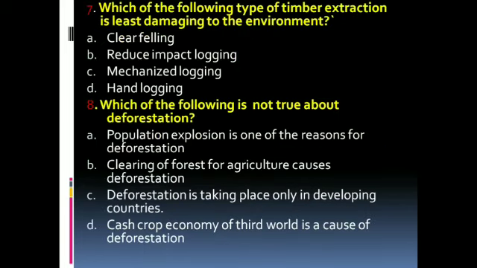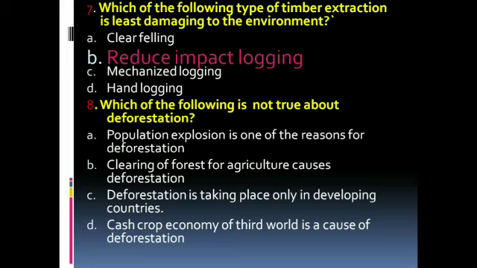Which of the following types of timber extraction is least damaging to the environment? Here the word logging has been used: clear felling, reduce impact logging, mechanized logging, and hand logging. The right answer should be reduce impact logging.